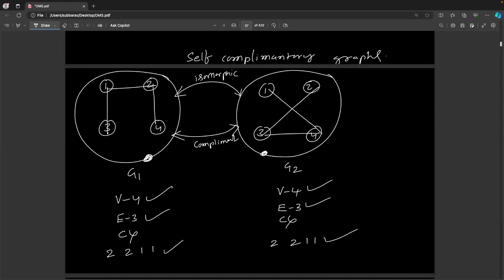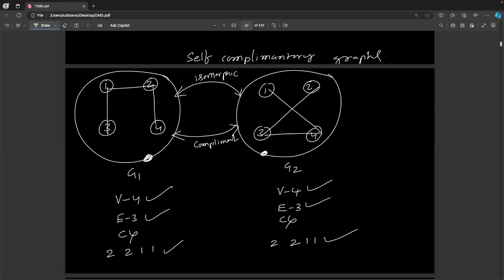After complementation, how many edges does it have? 5 only, because both are the same. Self-complementary means both are the same.